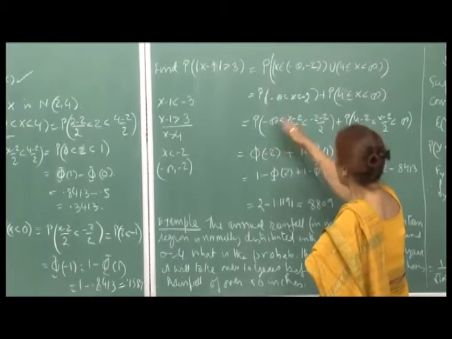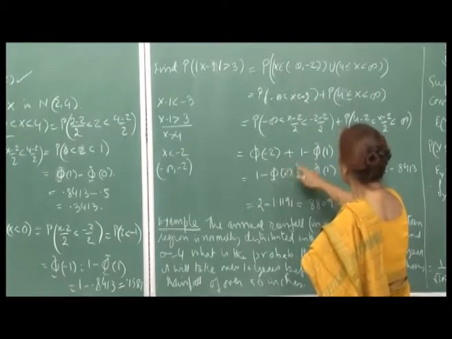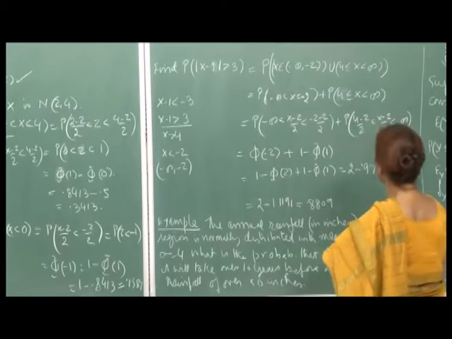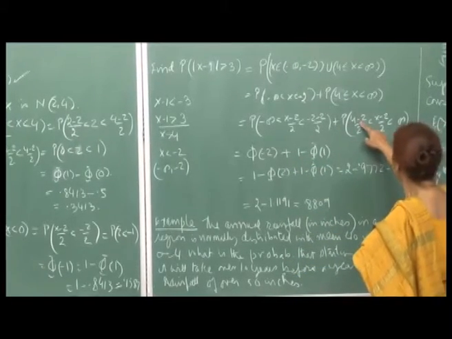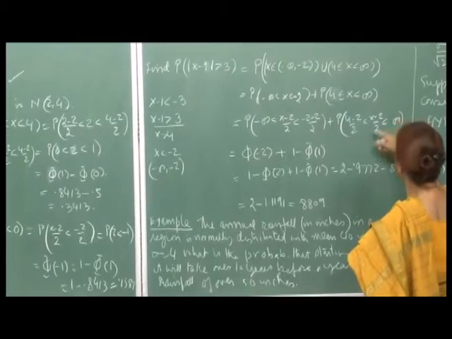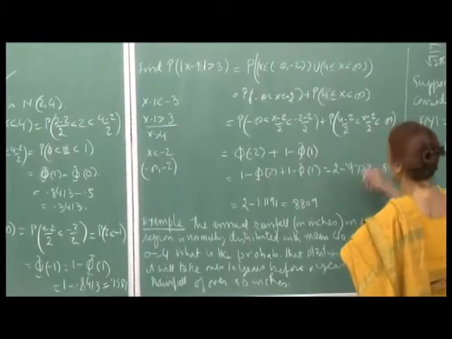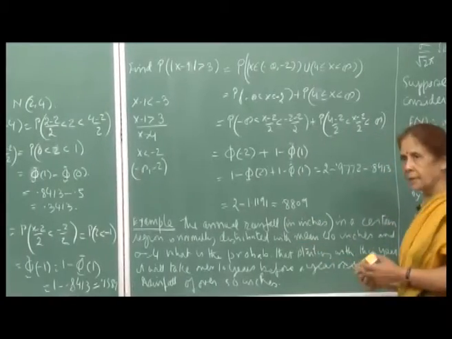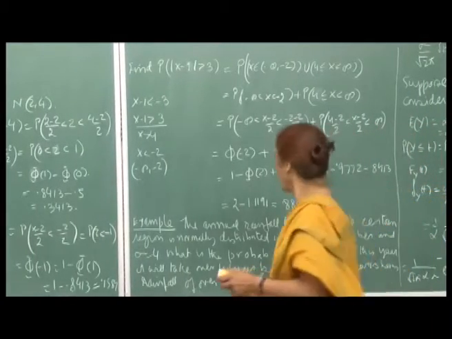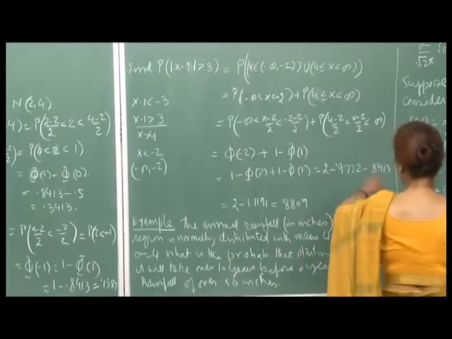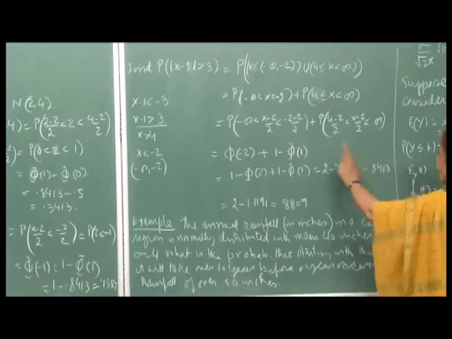because phi of minus infinity is 0, plus 1 minus this. This is 1 and this is infinity. So, here phi of infinity is 1 and this is minus phi of 1, right, because you all agree that phi of infinity will be 1.